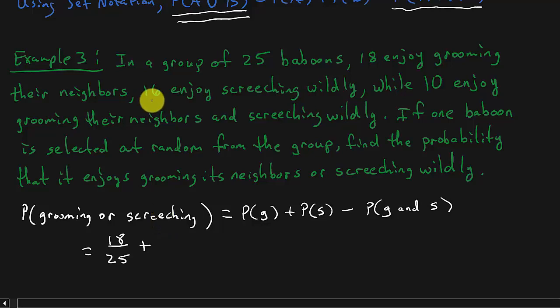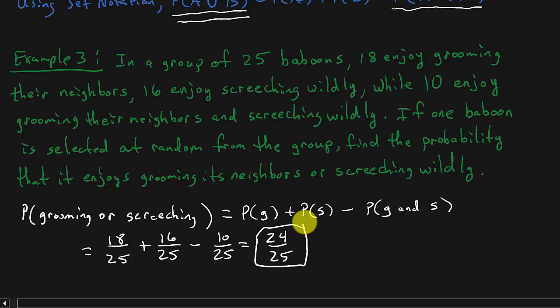Well, there's 16 that enjoy screeching. So that's 16 over the total possible, minus what they have in common. The probability that they enjoy grooming and screeching, well, that's 10 that enjoy both of them. So that's 10 over 25, right? So that's going to give us 24 over 25, and that's the probability.